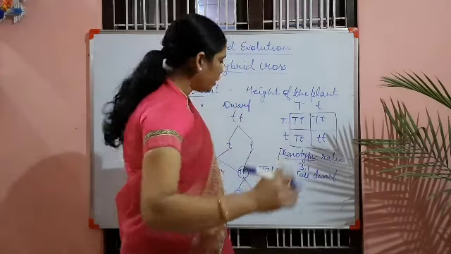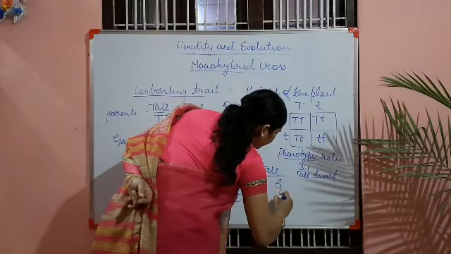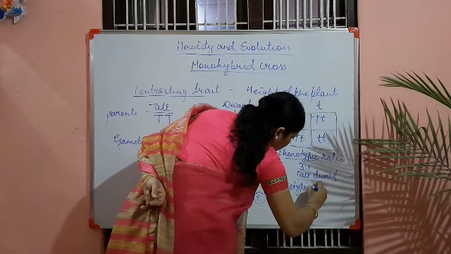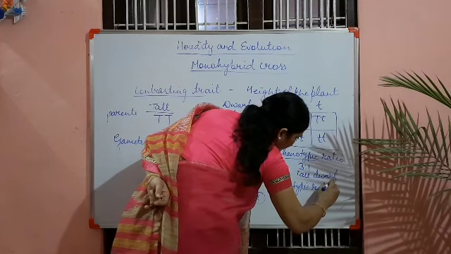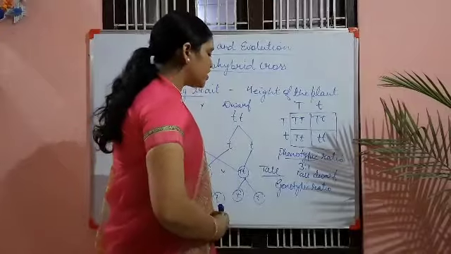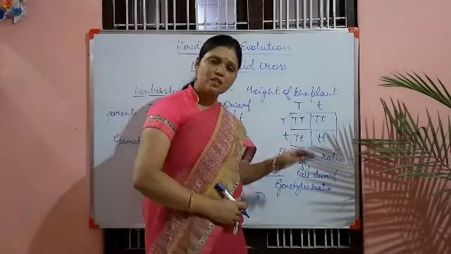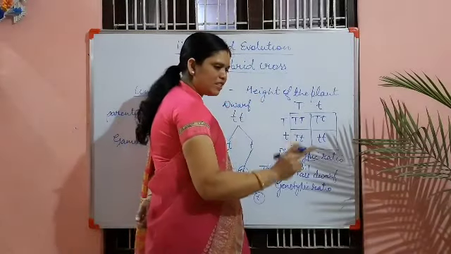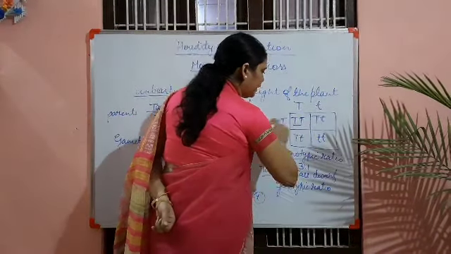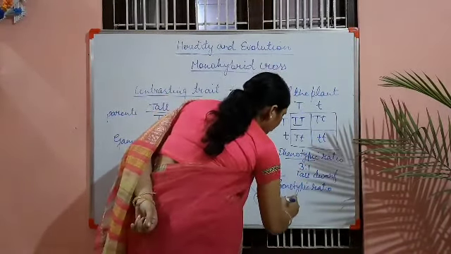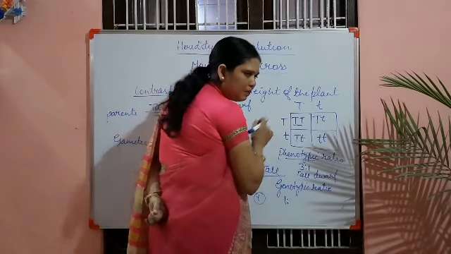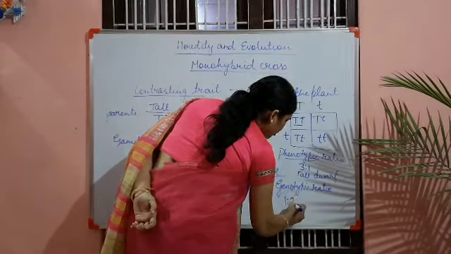But if we talk about the genotypic ratio, it means the ratio which depends on the presence of genes. So just see, on the basis of presence of gene, this one is different from the other three. So we'll write 1. And these two appear similar, so it is written as 2.